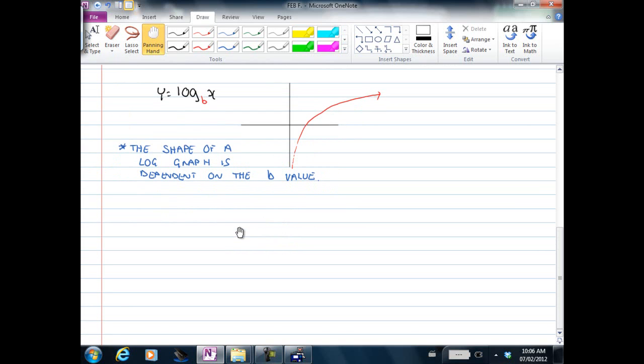A log graph actually has two forms. I'm going to show you both forms right now. If b is greater than 1, your graph will look like this.